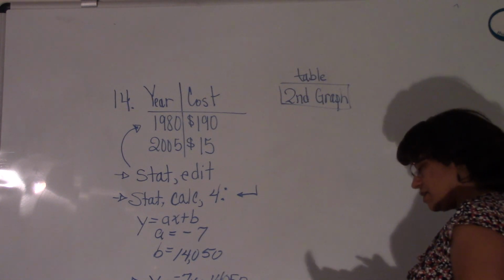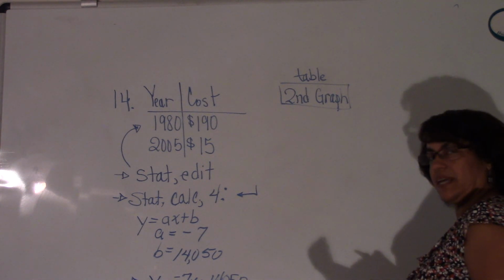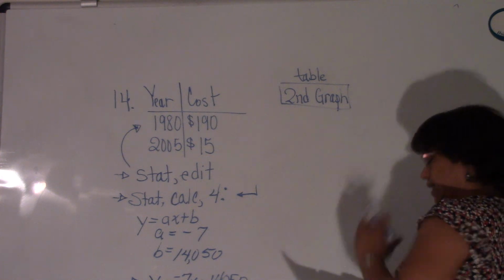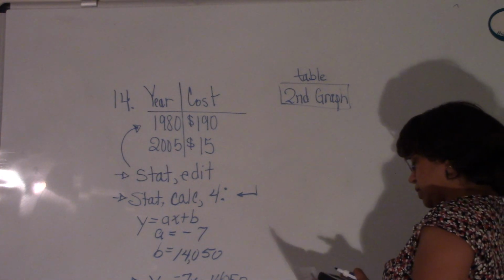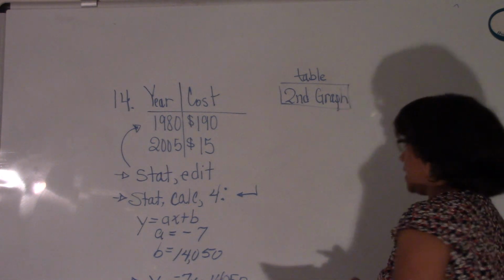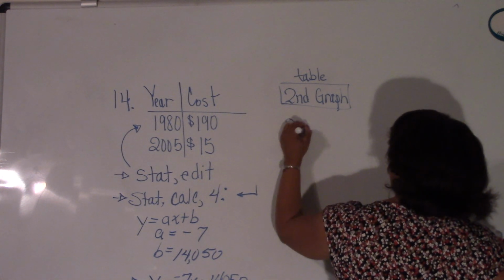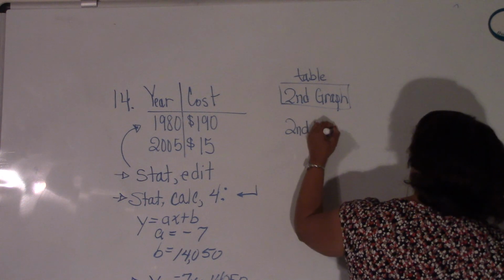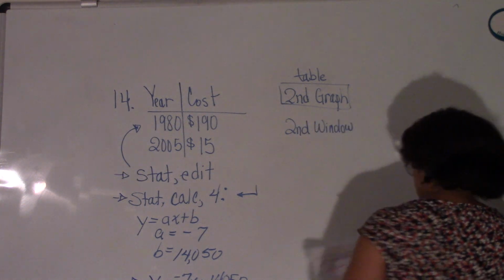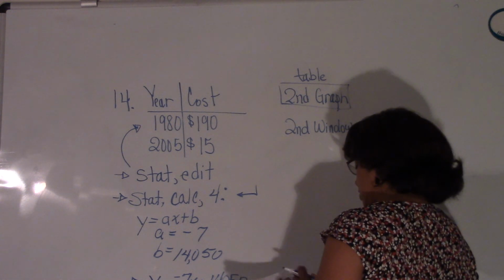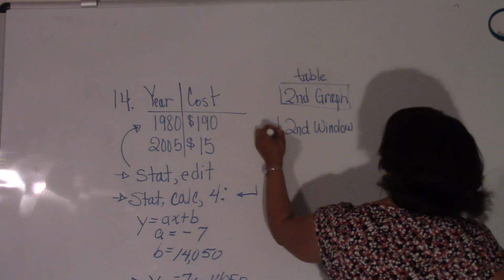Now I noticed that it starts with 1. I don't really like that. I want to start with 1998 or 1980 even. So what you have to do is hit second table set, which is really second window. In there it lets you start your table wherever you want to.